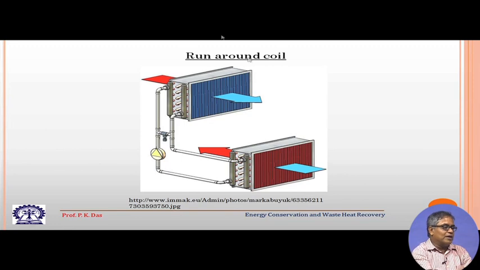We have shown a hot stream coming, and a cold stream also coming. But the hot stream and cold stream in the plant are not side by side, they are far apart. If they are far apart, then what will happen?